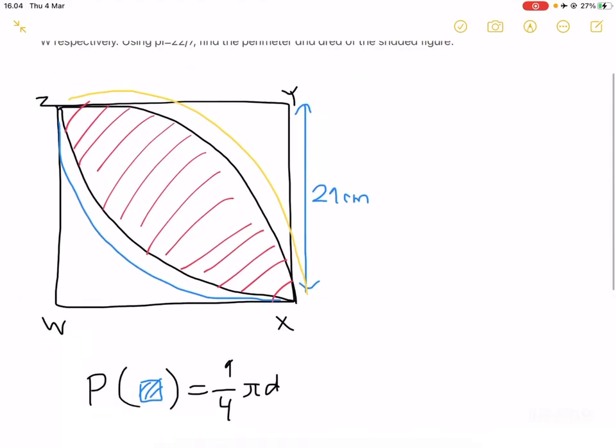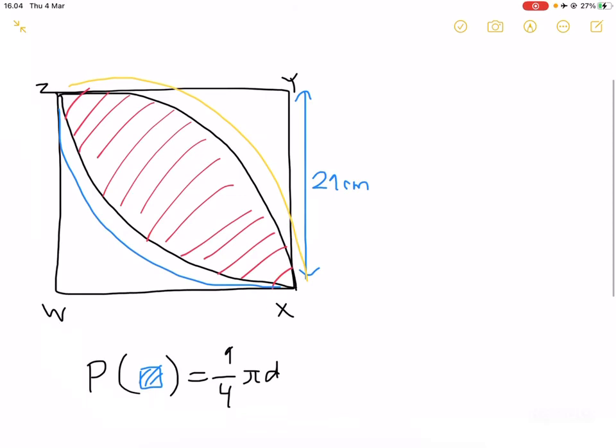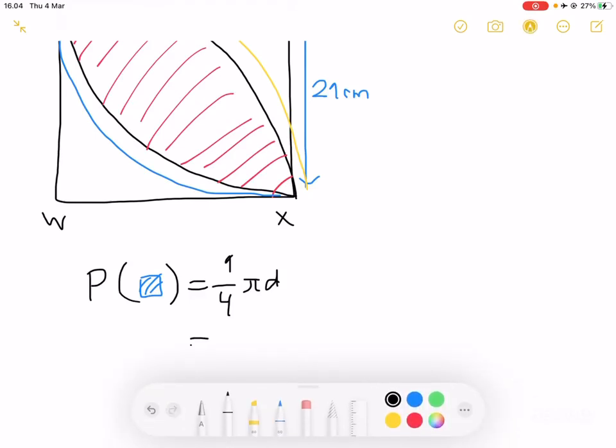Although the diameter is not given, instead we're given the radius, which is 21 centimeters. We can find the diameter easily by multiplying by 2. So we have a quarter times pi, which is 22 over 7, times the diameter, which is 2 times 21, or 42 centimeters.